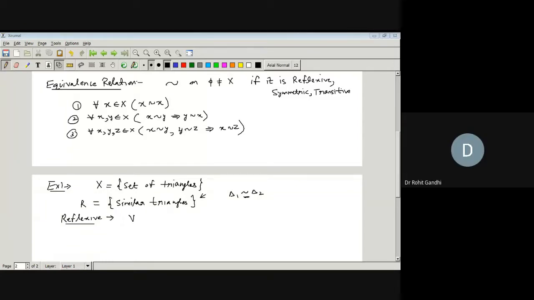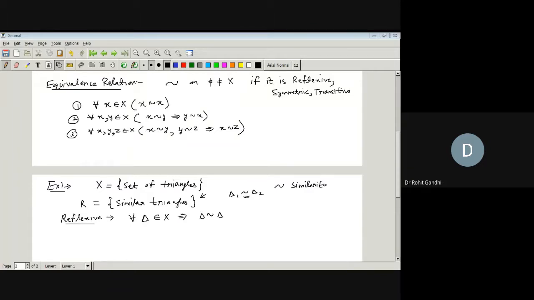Yes. So if I take any triangle, I am representing it by delta. If I take any delta belonging to S, then this always implies that delta is similar to delta, right? So this relation is reflexive, right? What is the relation? That is the similarity between the triangles.